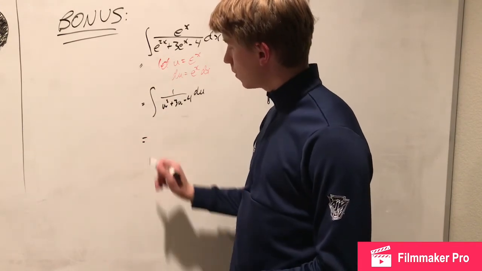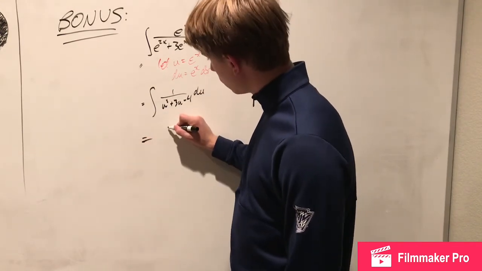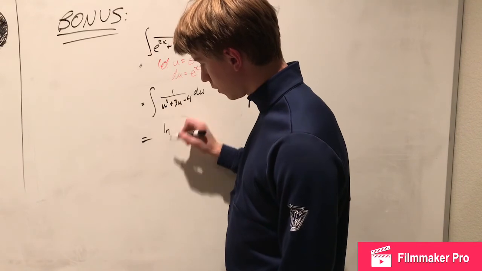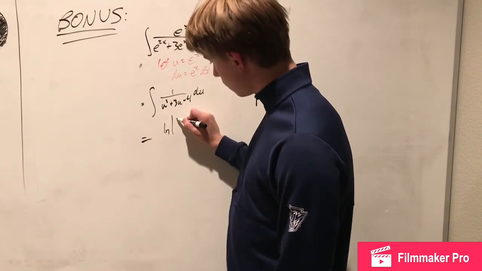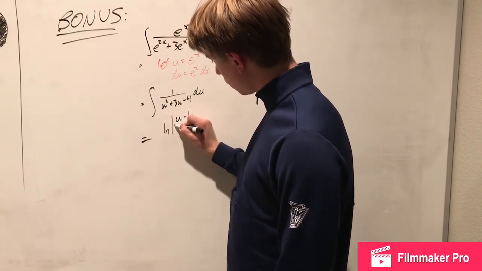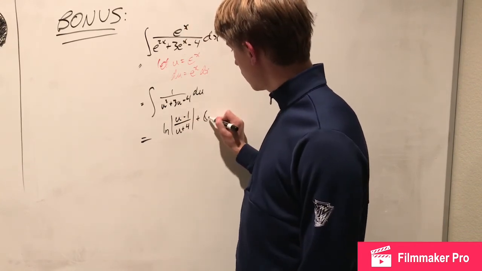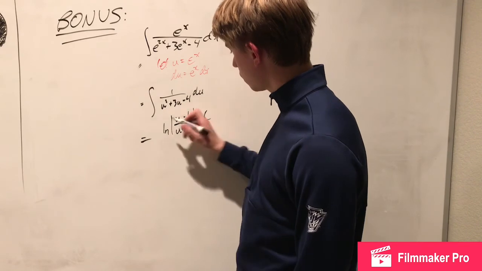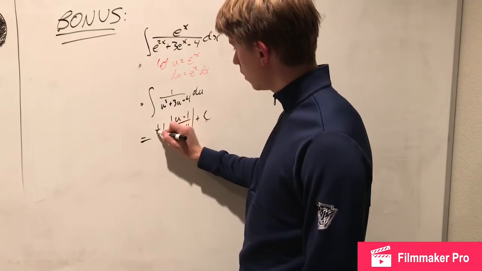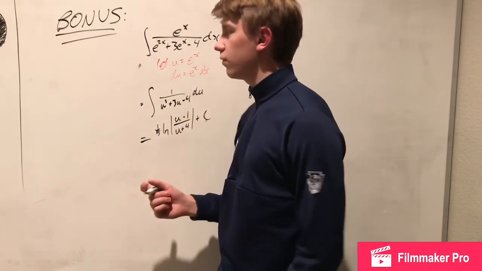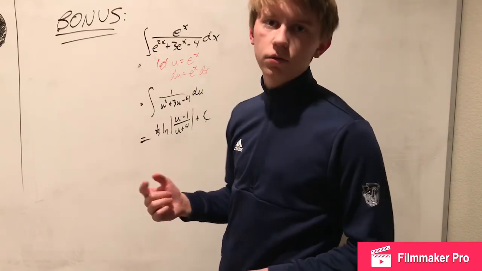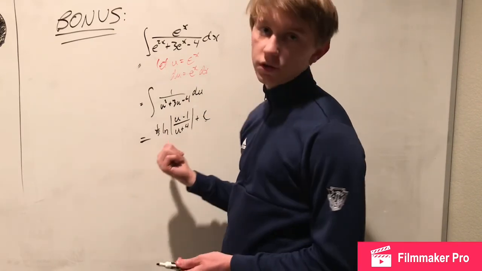And we know that that is equal to the natural log of u minus 1 over u plus 4, plus c, and there's a 1/5 here. So if you got 4, or you can just go look back at that question in this video, then you see it's this.